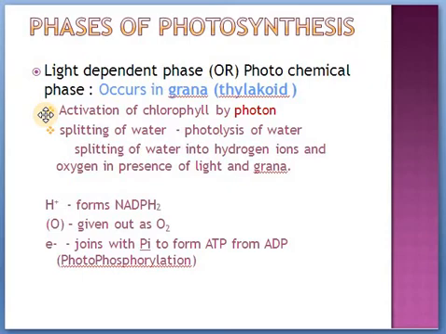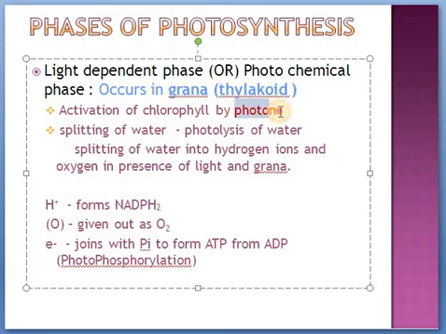The chlorophyll molecules get excited when photons of light pass through that thylakoid membrane. Photon is the smallest unit of light energy, and it is going to activate chlorophyll molecules.